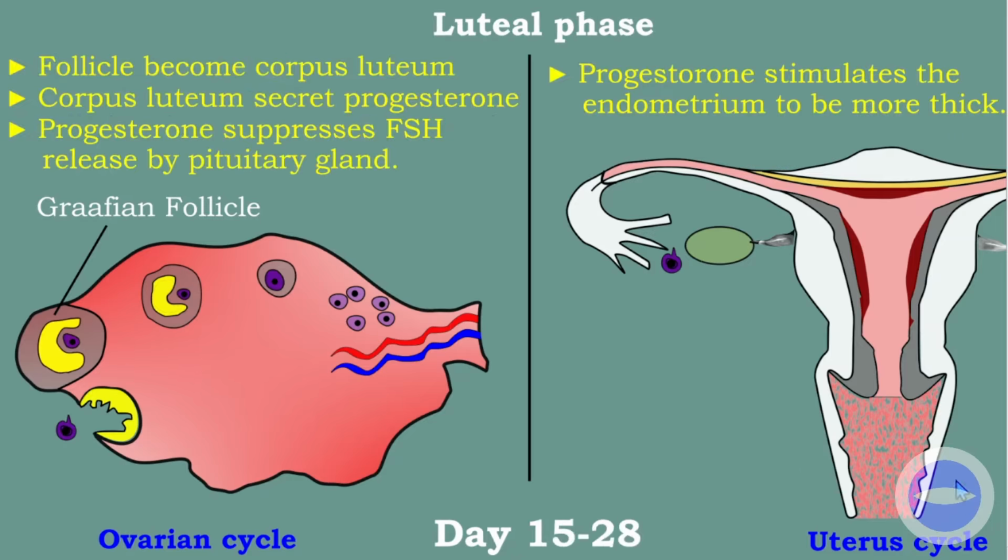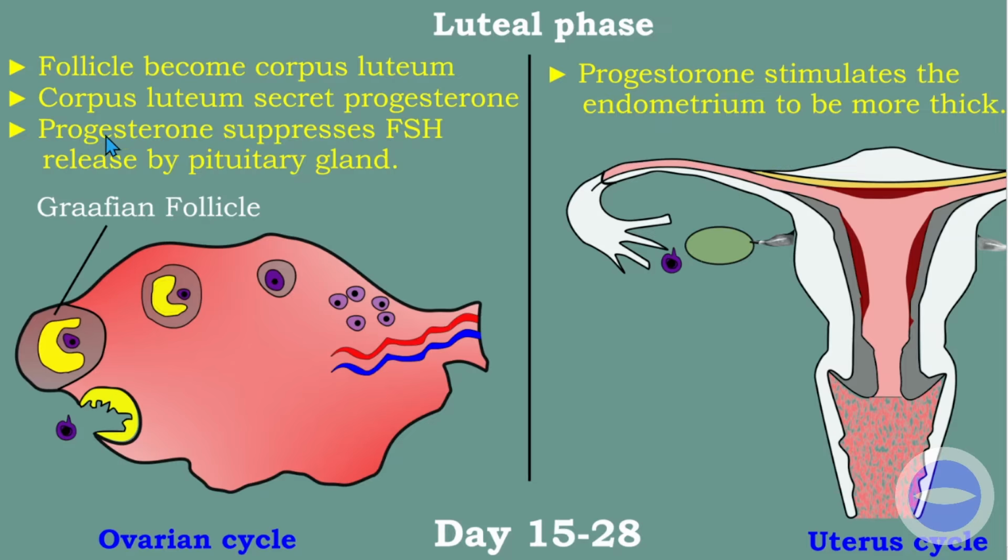Then now we go to the next phase, which is the luteal phase and the last phase of the cycle. During the last phase of the cycle, the follicle becomes the corpus luteum, and the corpus luteum secretes progesterone, and then the progesterone suppresses FSH released by the pituitary gland. This is important.